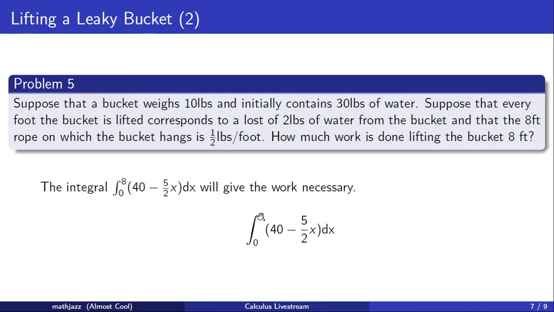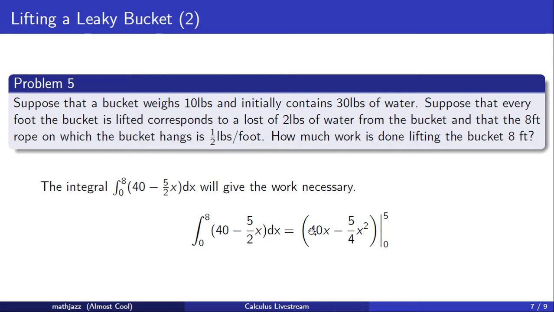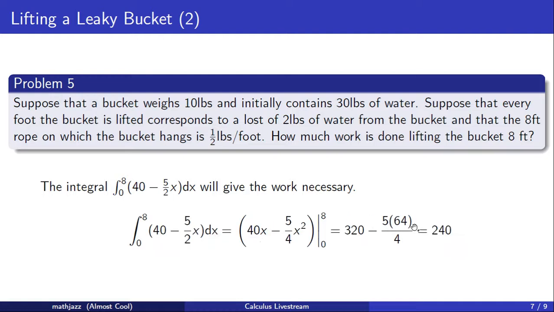The integral from 0 to 8 of 44 minus 5/2 x is equal to 44x minus 5/4 x squared from 0 to 8, which is equal to 44 times 8 is going to be 352 minus 5 times 64 over 4 is going to be 80.